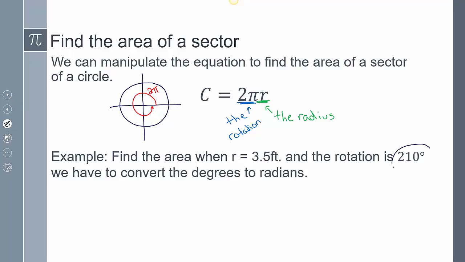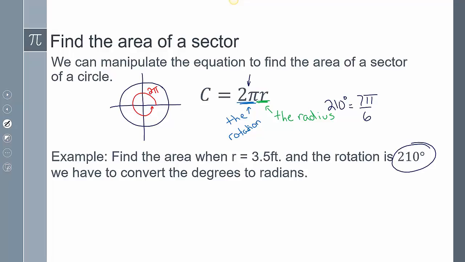Now sometimes, if I have degrees, you can convert that into radians as well. I could say, the 210 degrees, convert that into radians, which if I did that, I'm going to get 7 pi over 6. Now another way you can do it is, why not convert this into degrees if I'm just creating a ratio of it?